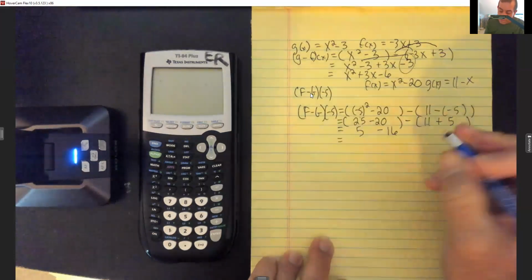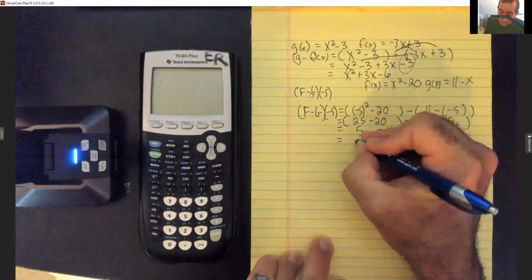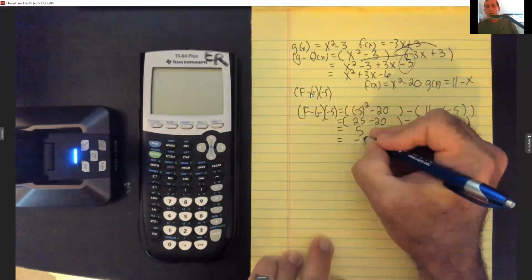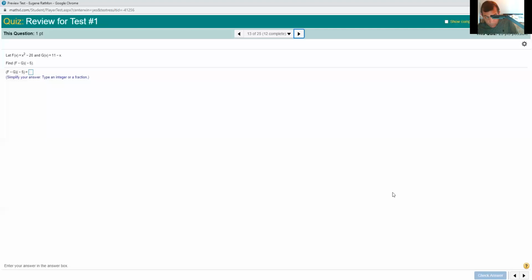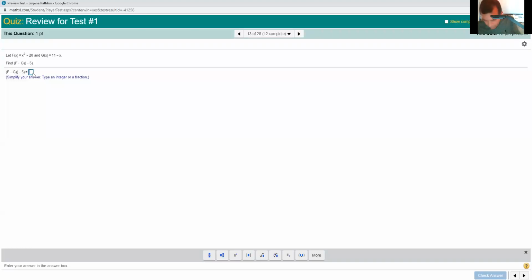And y'all, 5 minus 16 would give us a negative 11. So we would come back, put in our negative 11. Oh, let me get my keyboard. Negative 11 we said, and then move on.